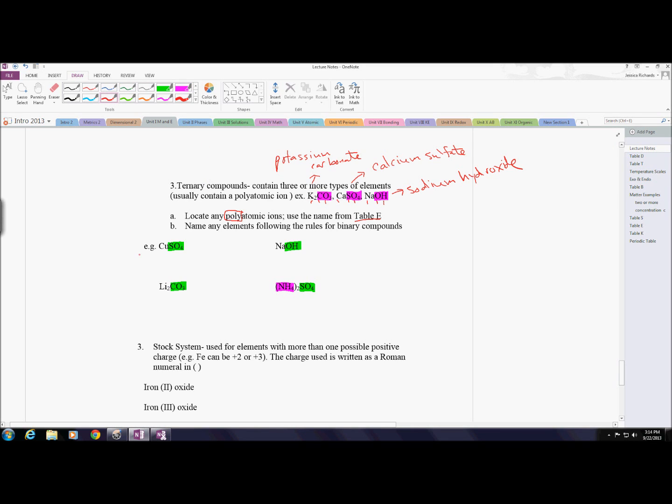So when I go through and name these things, copper is Cu, so this will be copper. SO4, we just said was sulfate, so copper sulfate. NaOH, we already named right there as sodium hydroxide.